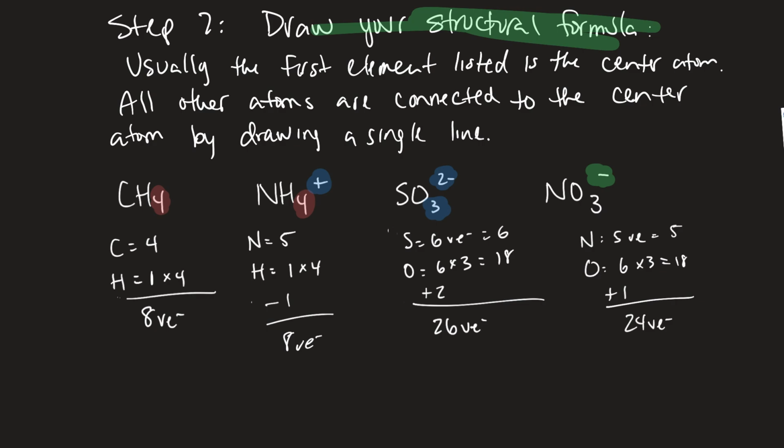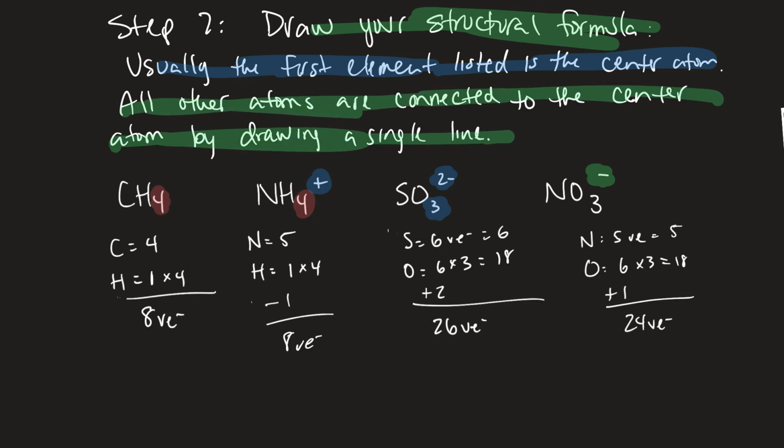Pretty much most times the first element that's listed will be our center atom. It will be the atom that we put in the central part of the whole structure, while all the other atoms are connected to the center atom by drawing a single line.